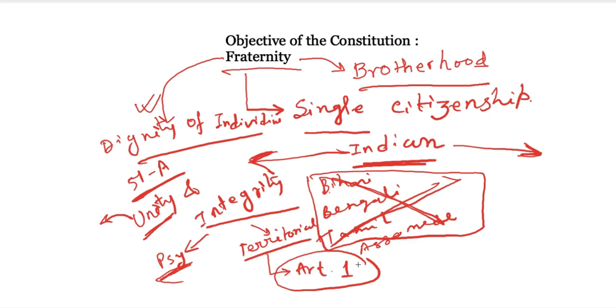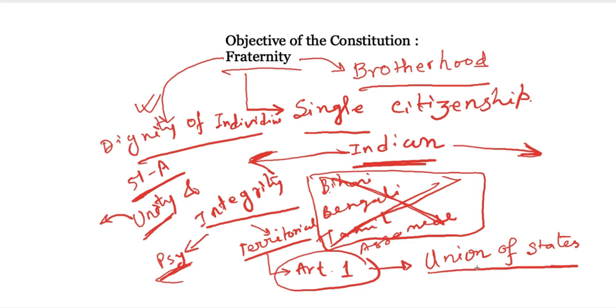We will come to it in the next video, that it says India is a union of states. Union of states means the states cannot go outside of the Indian territory, even if they want to. So that is the territorial integrity.